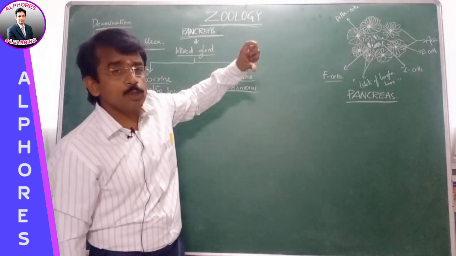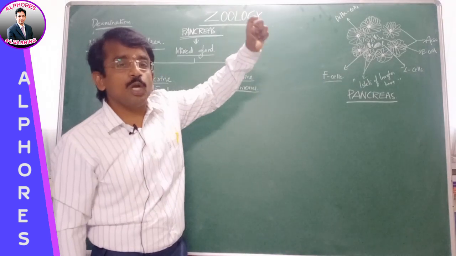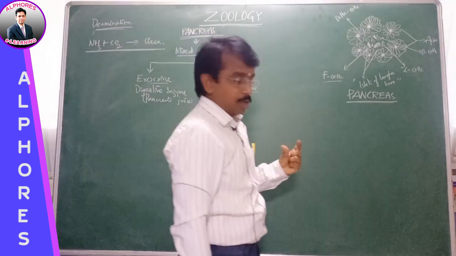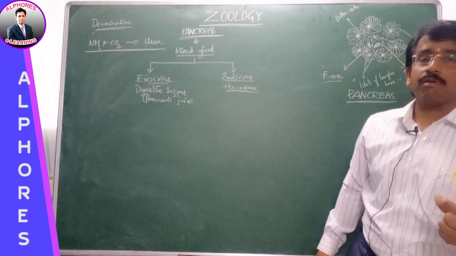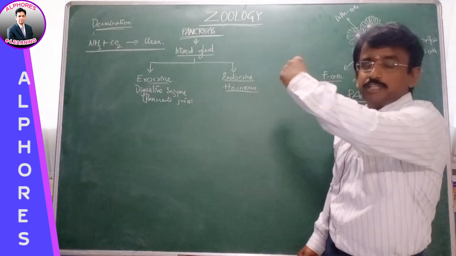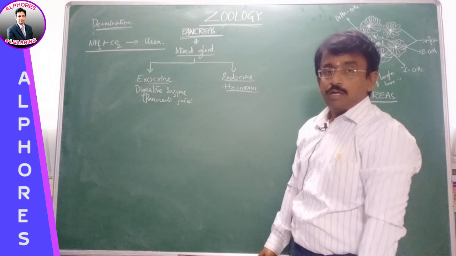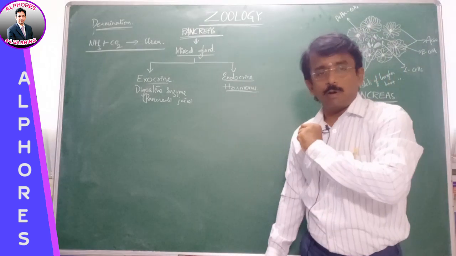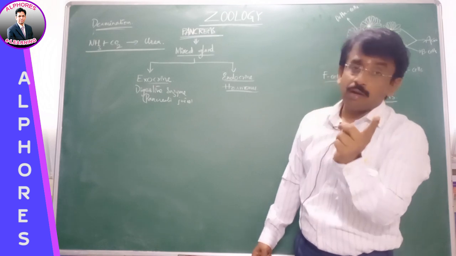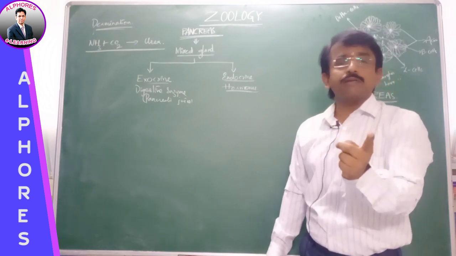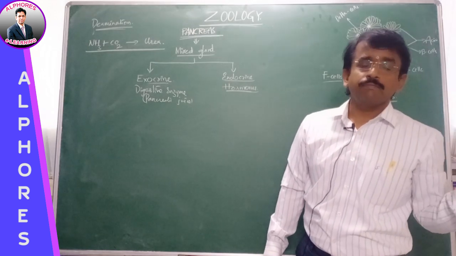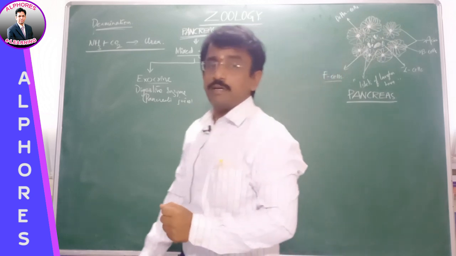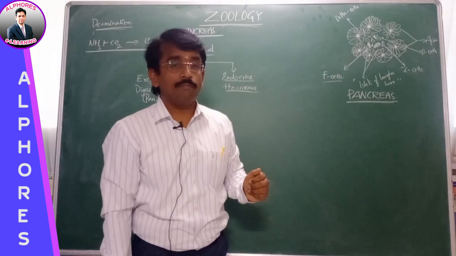This pancreatic juice is released into the duodenum through the ampulla of Vater, or hepatopancreatic duct. In the pancreas, via the hepatopancreatic duct, the pancreatic juice is released, and via the accessory duct it is released directly into the duodenum.